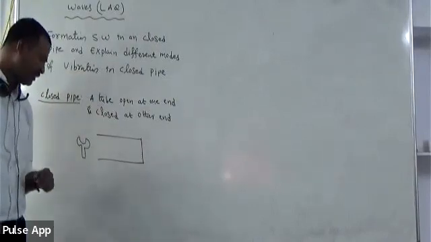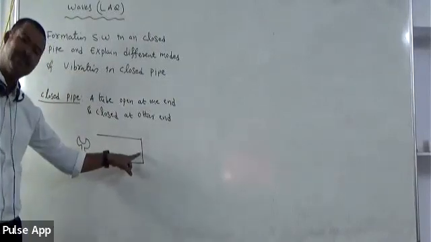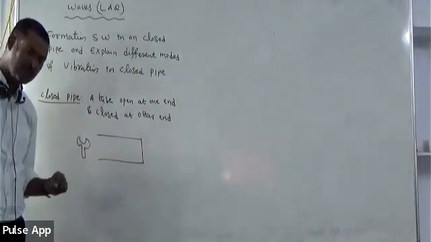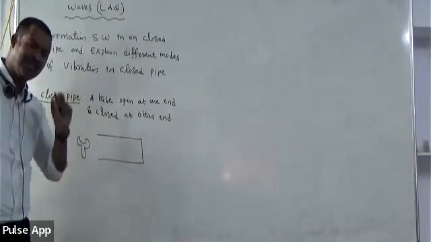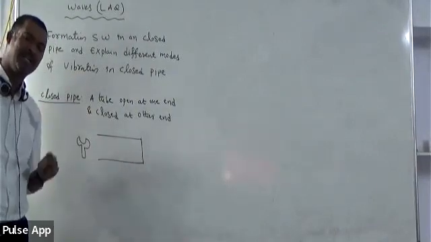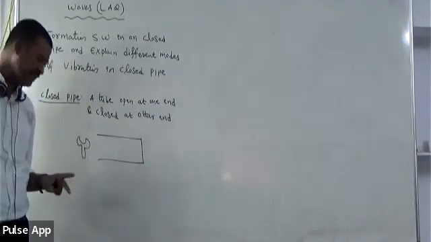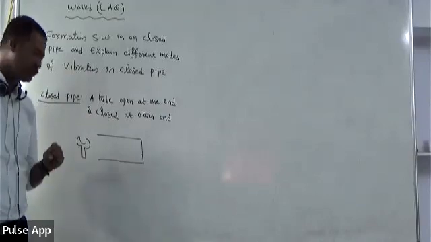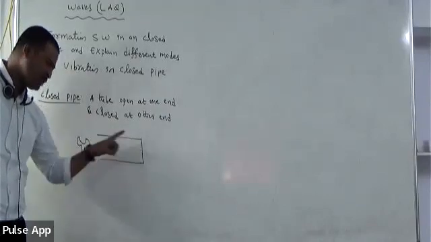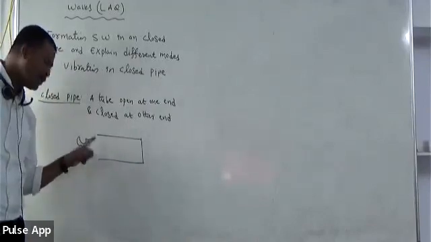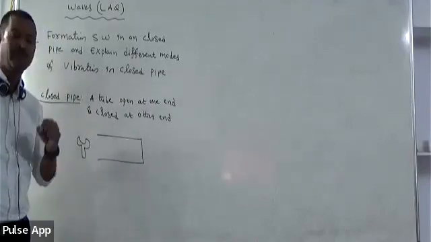And we know that a closed end is not allowed to vibrate freely. So at the closed end, the vibration displacement of the particles is minimum or zero, and at the open end the displacement of the particles is maximum. So we can say at the closed end a node will always form, and at the open end an antinode will form.